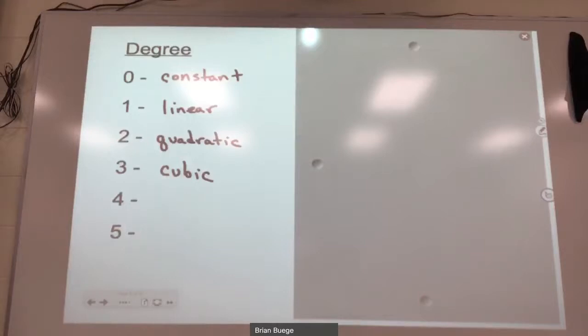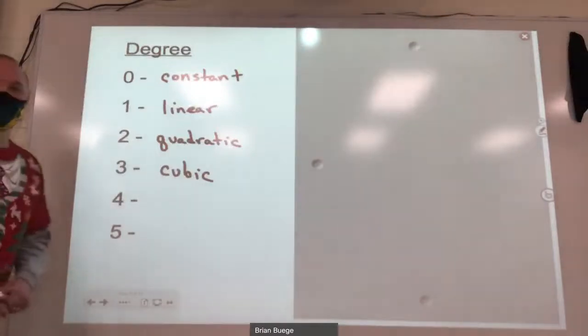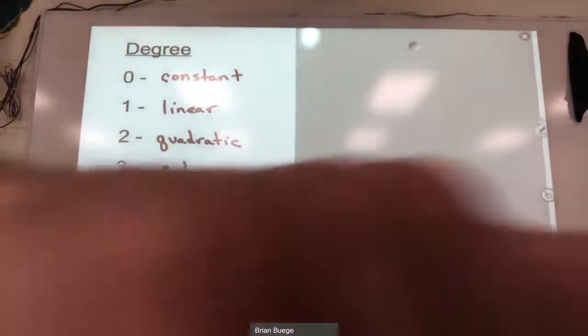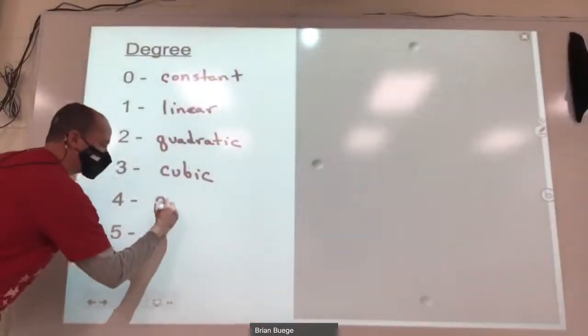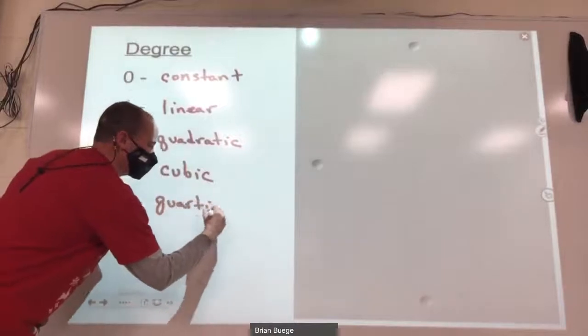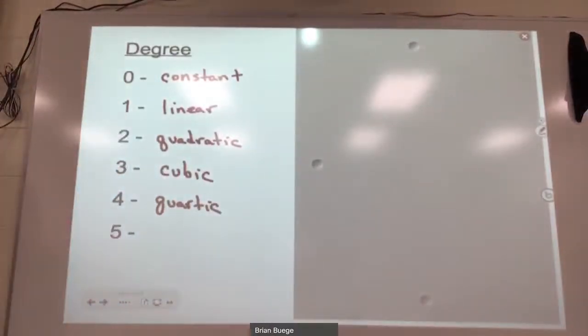I said it earlier, but you may not have picked up on it. Think about like a game. You got 4 quarters in a game. You got 4 quarts in a gallon, something along those lines. There we go. So this is what's called quartic. Okay, that is called a quartic function.